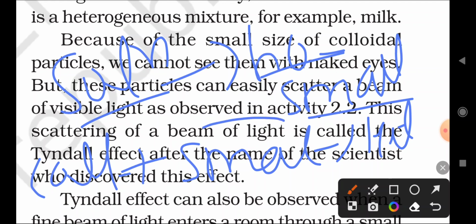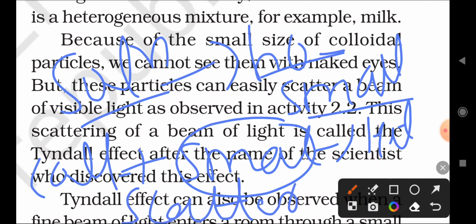The particles are small, but big enough to scatter the beam of light. This is the difference between a true solution and a colloid.